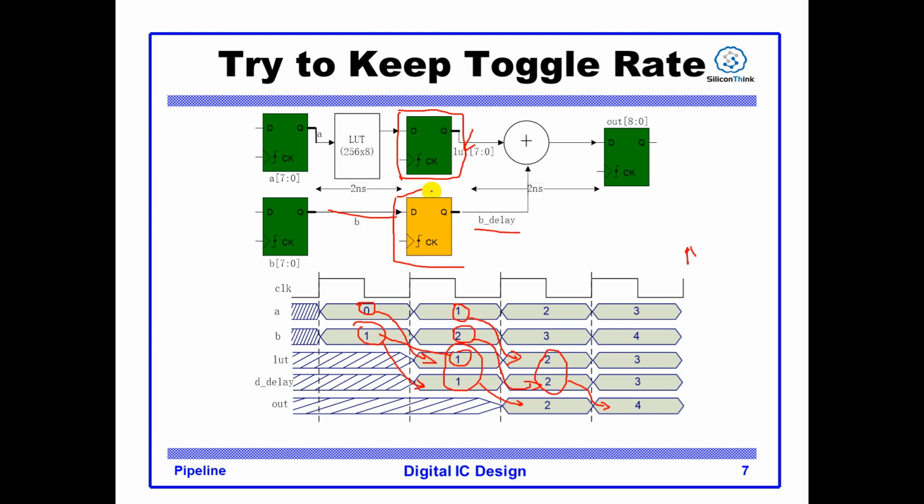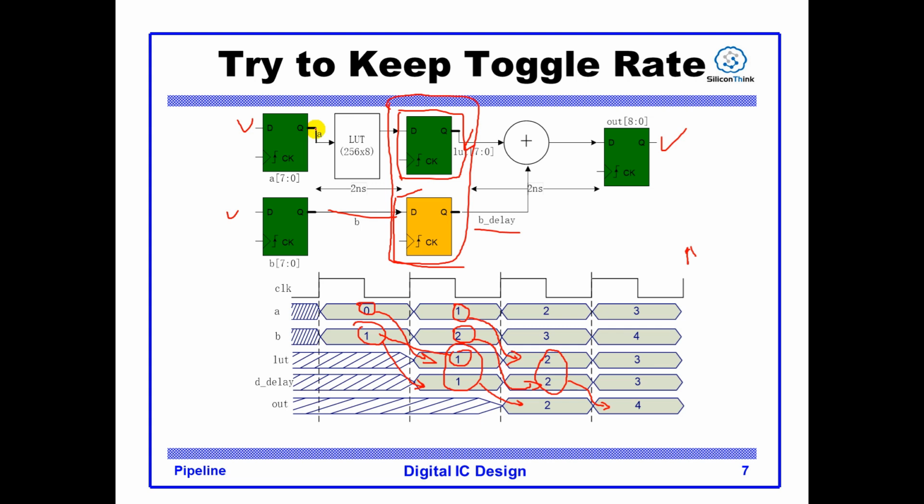The second is, if you want to pipe a design, you have to add pipe registers on all the data paths, such as the data path of B and the data path of A. You have to add pipe registers to both paths. That is, from each input to the output, they will have the same pipe latency.